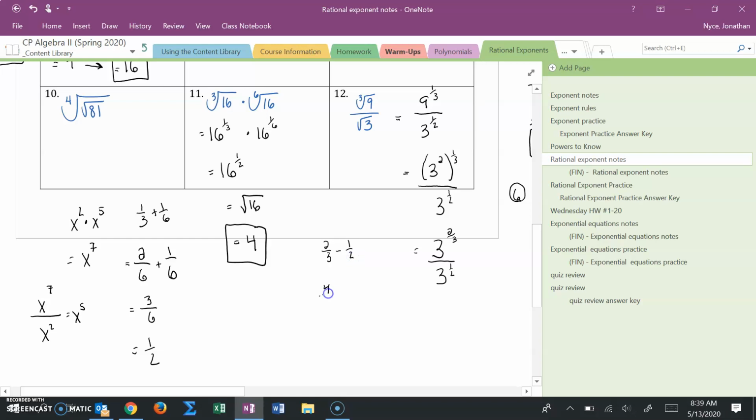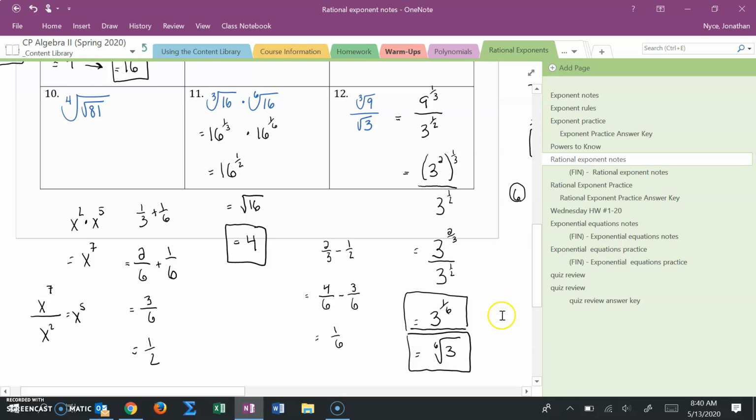Need a common denominator, so we have 4/6 minus 3/6, which gives us 1/6. So when we subtract 2/3 minus 1/2, we get 1/6. We get 3 to the 1/6, or the 6th root of 3. Again, either one of those would be fine. It depends on the directions, if it's asked for simplest radical form or not.